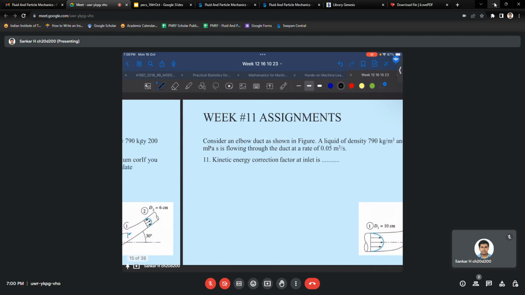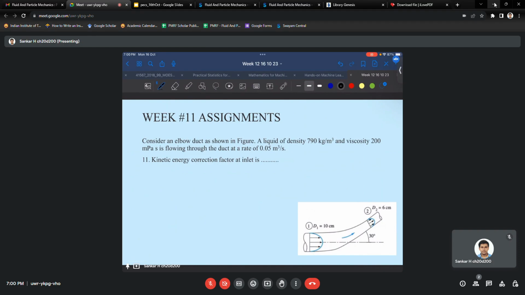Okay, let's move on to the next question, where we have to calculate the kinetic energy correction factor at the inlet, which is given by alpha equal to 1 by A integral of u by v bar, the whole cube, dA. Again, if you calculate it for laminar flow, it will be 1 by pi r1 square integral from 0 to r1 of u by v bar.